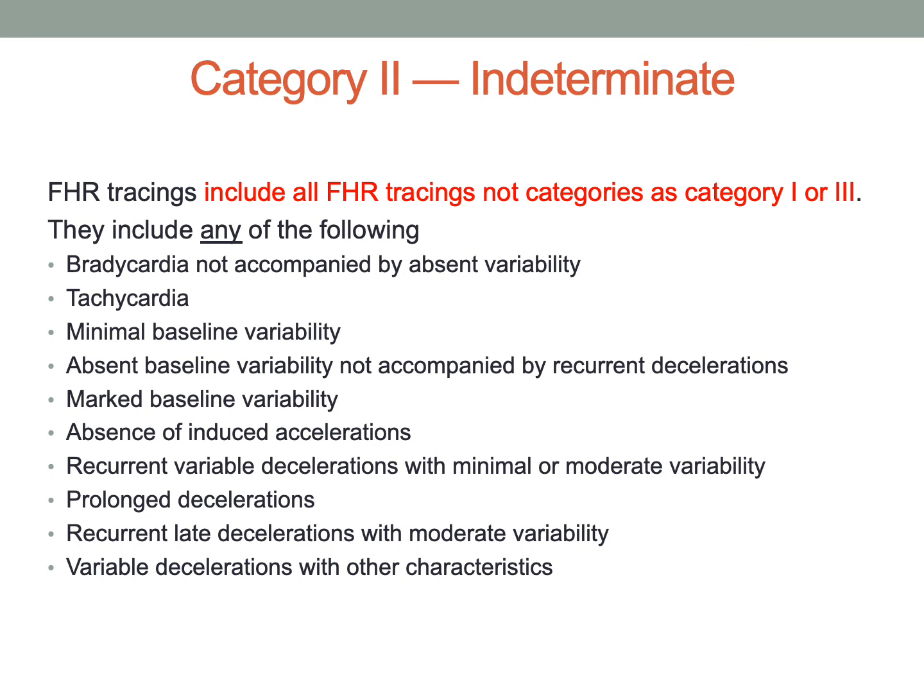All right, and it may include any of the following: bradycardia, tachycardia, minimal baseline variability, absent baseline variability not accompanied by recurrent decelerations of any kind, marked baseline variability, absence of induced acceleration, recurrent variable decelerations with minimal or moderate variability, prolonged decels, recurrent late decels with moderate variability, variable decelerations with other characteristics. So in essence, anything that is not a strict category 1 or a strict category 3 is considered indeterminate category 2.